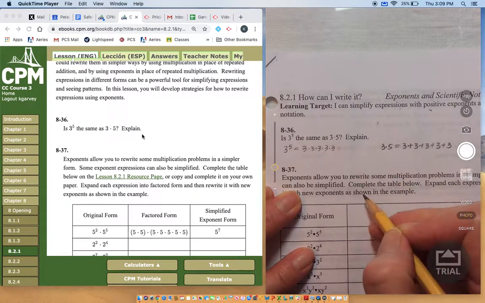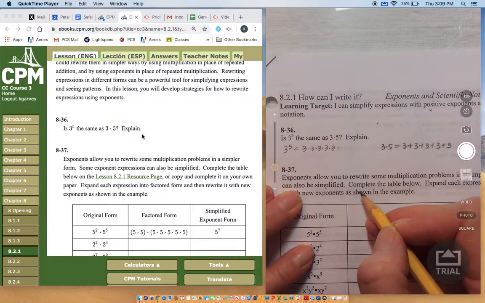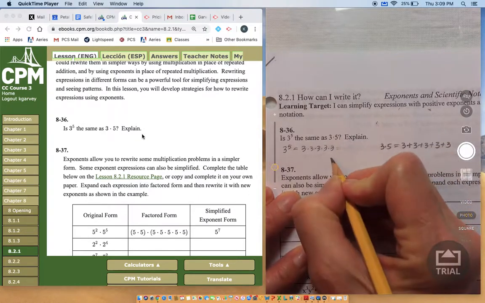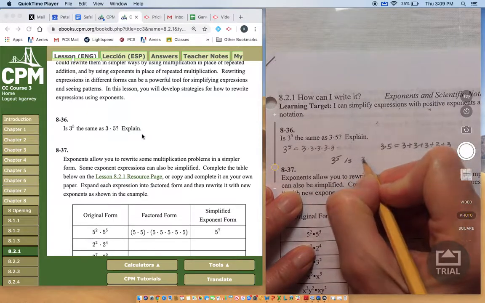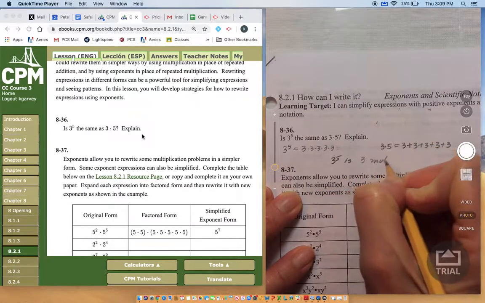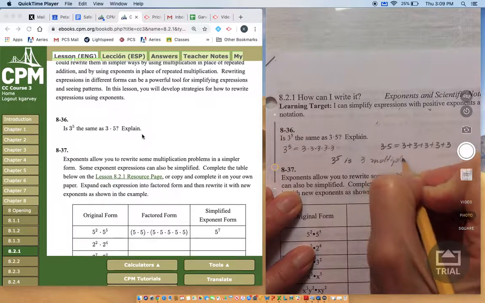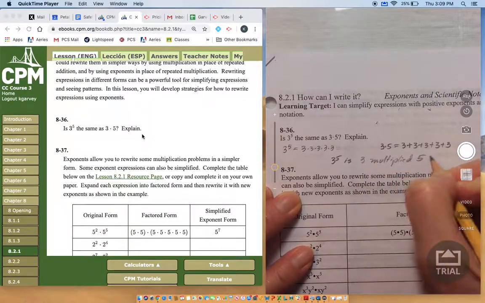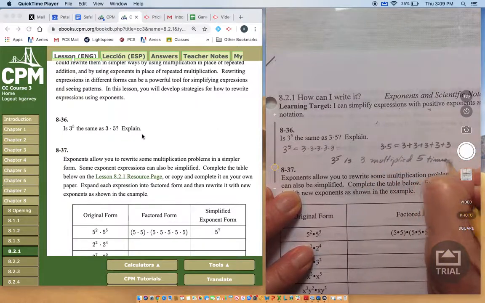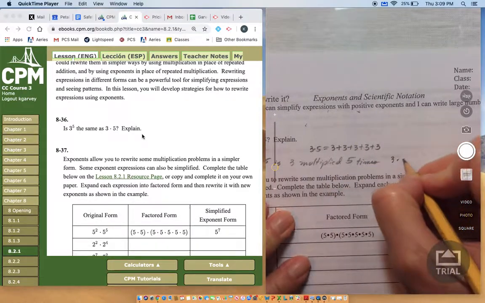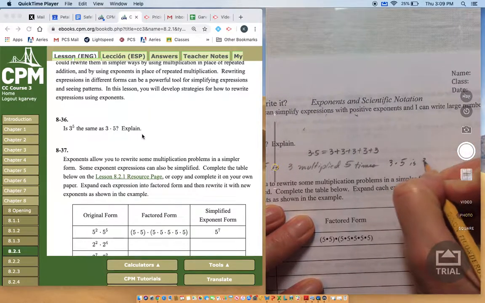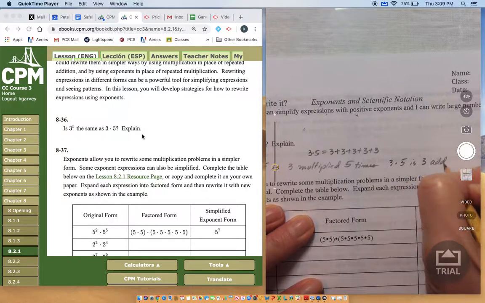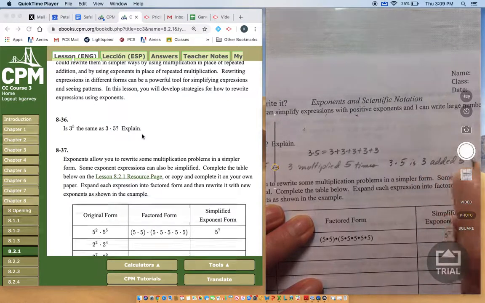So that's our explanation as to why they're different.